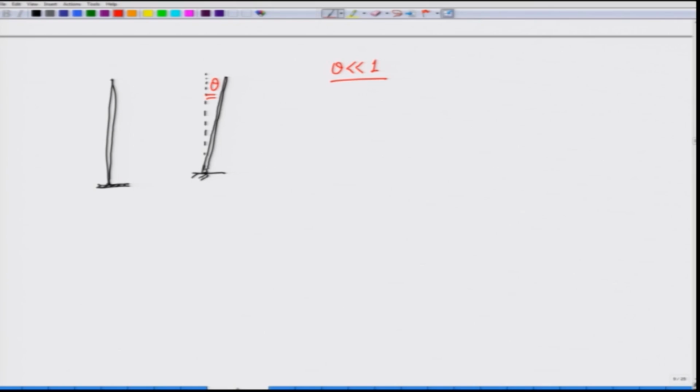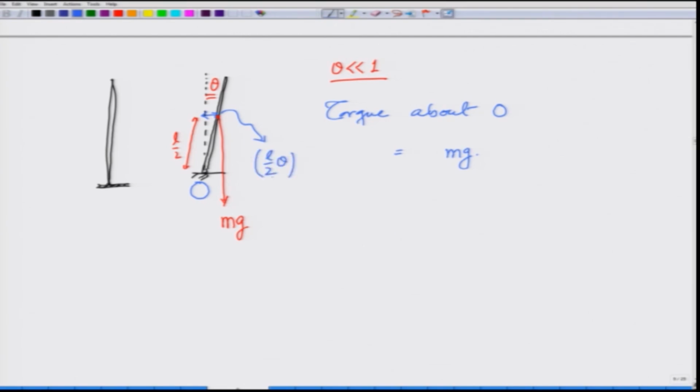Now, as this happens, the force on this rod is vertically down, which is mg, where m is the mass of the rod, and it is acting at half its height, L by 2. So, the torque about the finger, which I will call point O, is going to be mg times the distance shown here by blue, which is nothing but L by 2 theta approximately, because theta is very small.